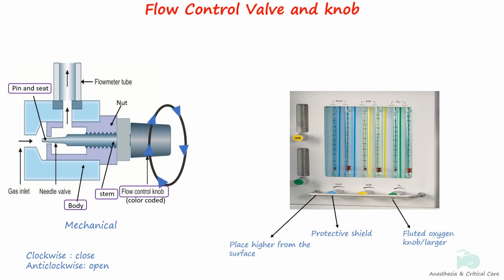When the valve is closed, or the knob is turned clockwise, the pin fits into a seat of metal and no gas flows. When the stem is turned counterclockwise, an opening is created between the pin and the seat and gas starts flowing into the flow meter. There are stops for the closed position and maximum opening position, which prevent damage to the pin or disengage the stem from the valve body respectively.